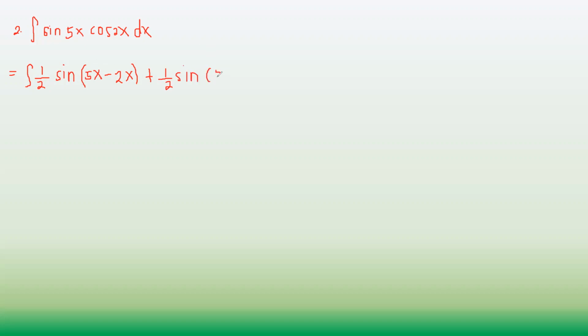This time it is a plus b, so 5x plus 2x, then dx. Again, this is the product of sine and cosine, so they are different and you substitute sine. A minus b, a plus b. When there is a cosine, the middle is plus. Let's simplify. We will have 1/2 sine, 5 minus 2 is 3, so you have 3x. I will remove the parenthesis since it is positive. So sine 3x plus 1/2 sine of 7x.